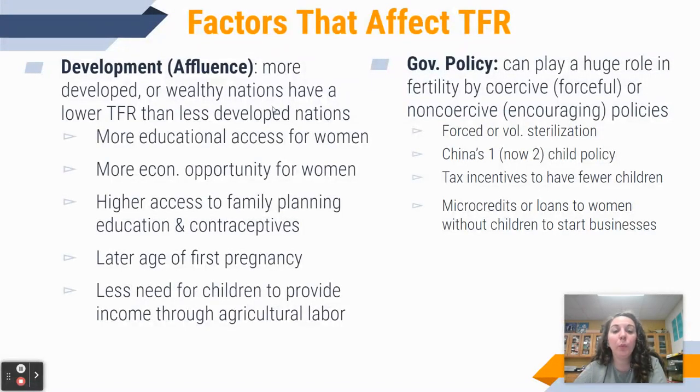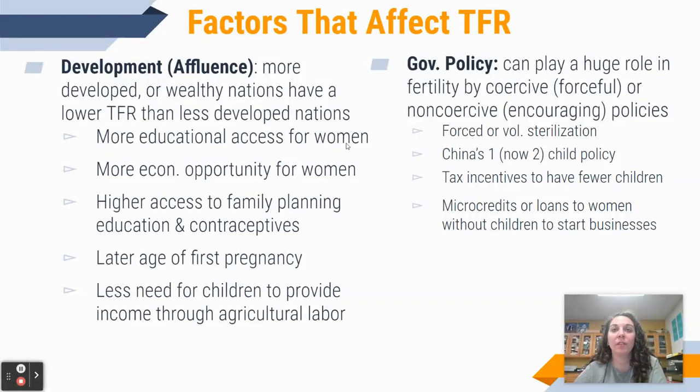So when we look at factors that are going to affect TFR, we've got two big factors here. The first one is development or affluence. Our more developed, wealthier nations have a lower TFR than less developed nations, and that's for a lot of reasons. The first one is more educational access for women.